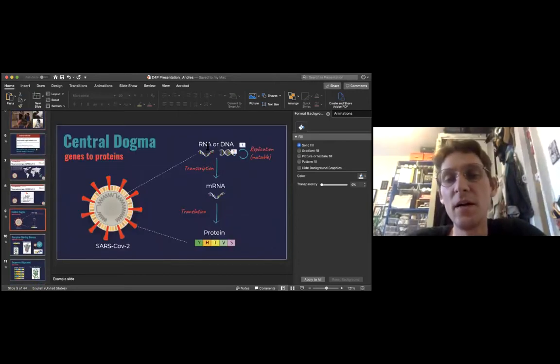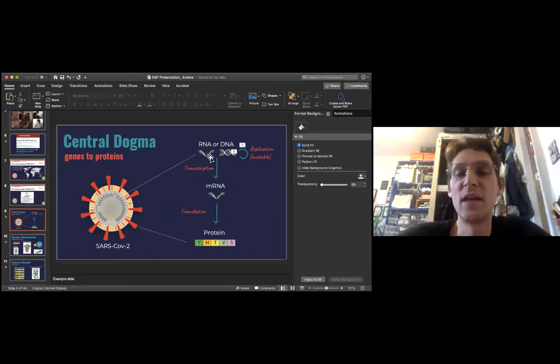Okay, so when it goes from this RNA molecule to this messenger RNA, it uses what we call a polymerase, which is just a fancy word for a protein that copies this to another molecule. So it uses an RNA polymerase that makes RNA based off RNA.